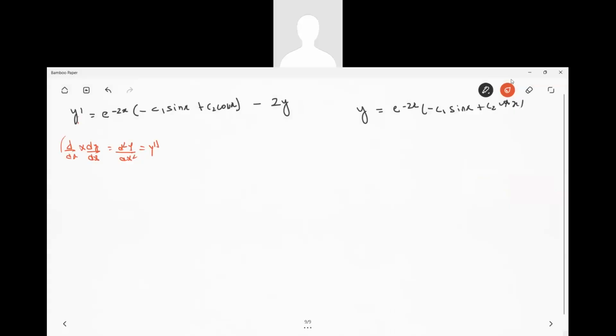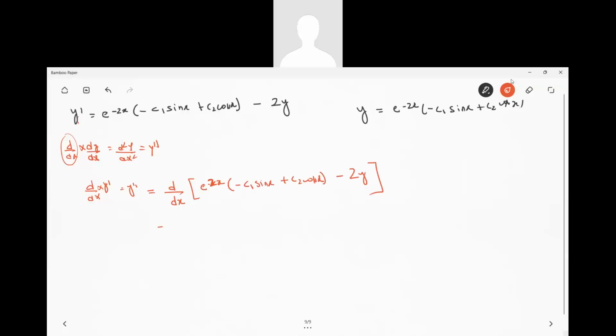So I have to differentiate here also, d by dx of e power minus 2x into minus c1 sine of x plus c2 cos of x minus 2y, correct?